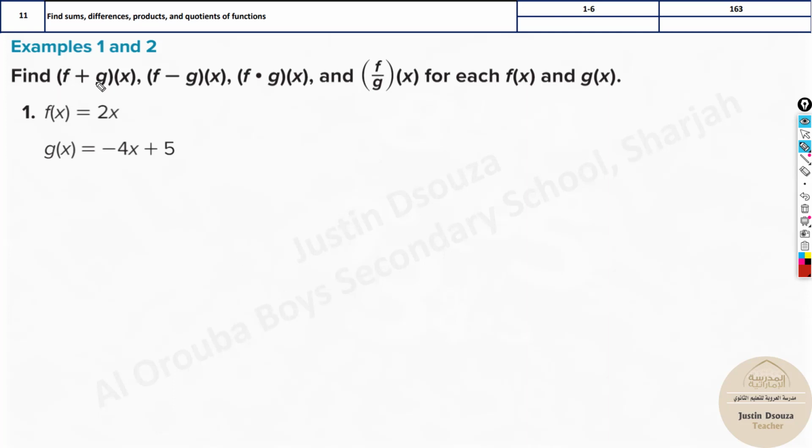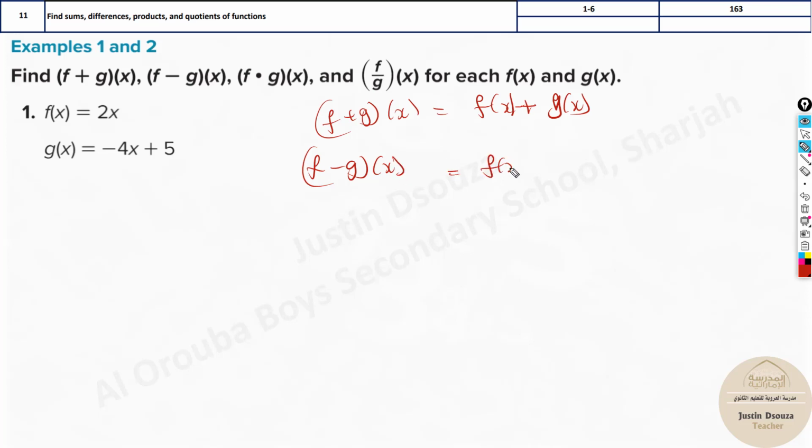Here, this one is given as f plus g of x. What does this mean exactly? It means it's f of x plus g of x. That's it. Now say for example we have f minus g of x. This is the function f of x minus the function g of x.